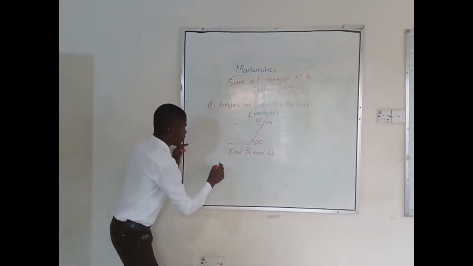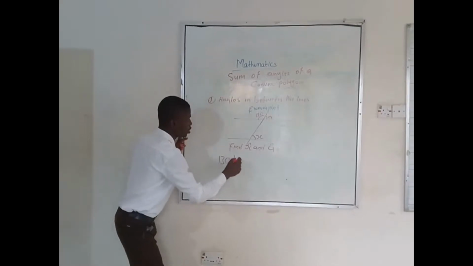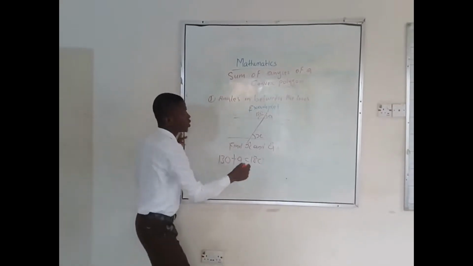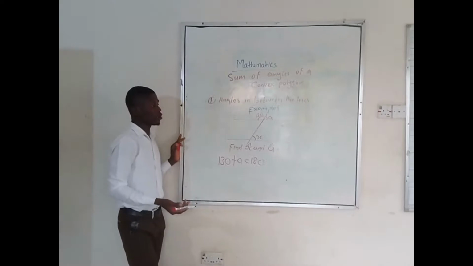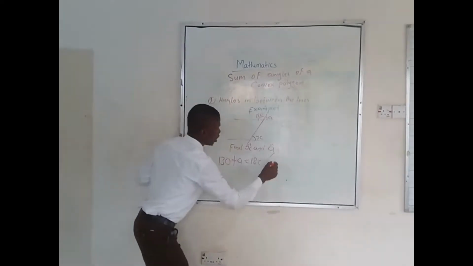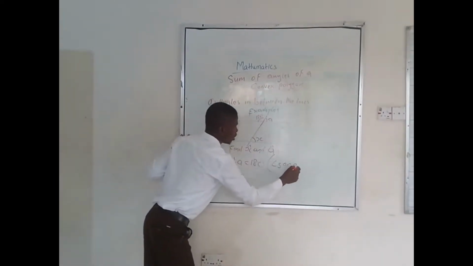We have 130 plus A equals 180. You give the reason why it equals 180: angles on a straight line.